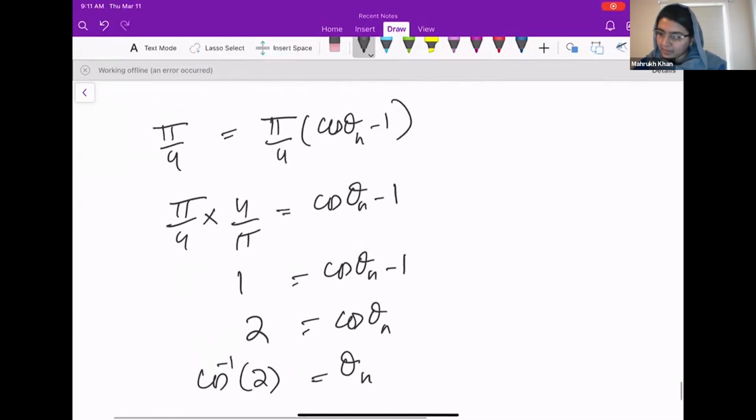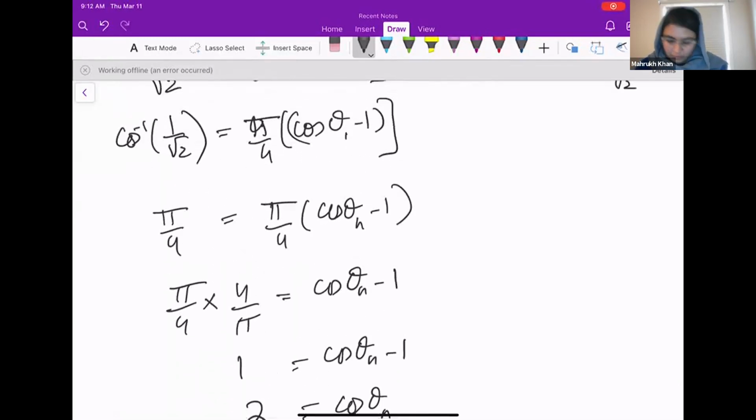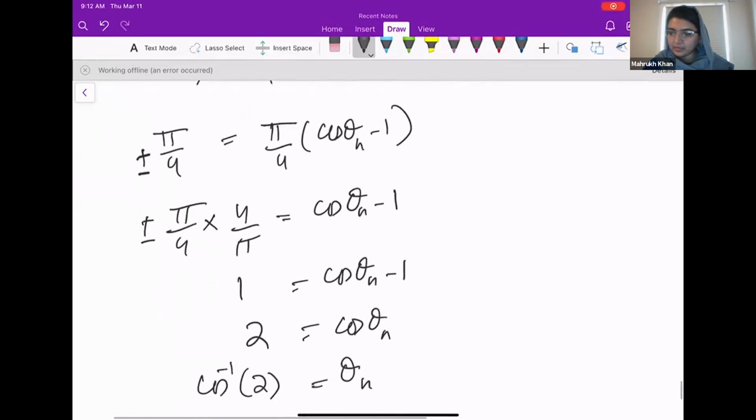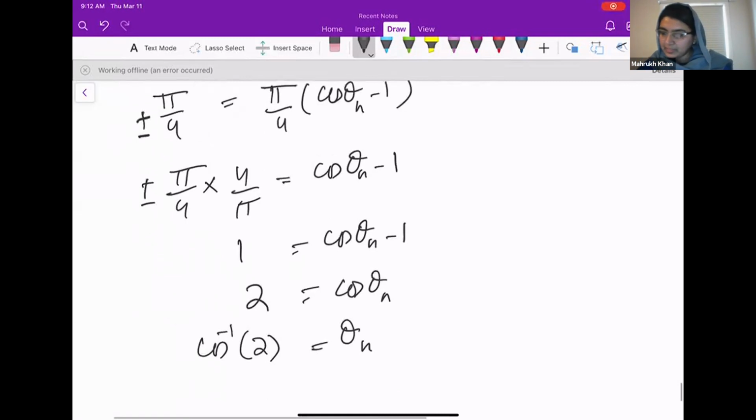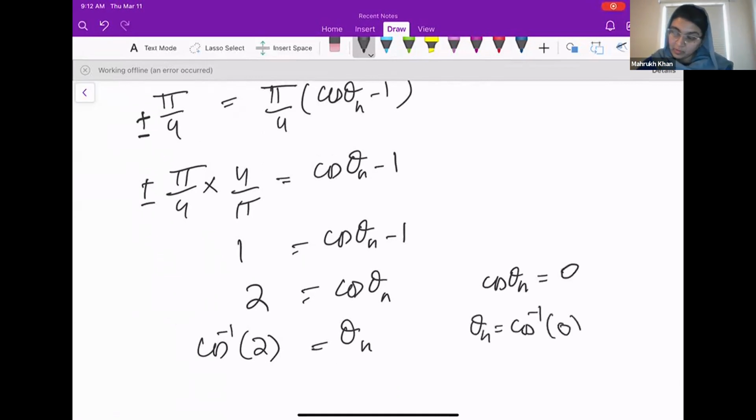Because when you are finding this inverse, there could be plus and minus here, so you can add or subtract. So it could be cos inverse 2, or it could be cos theta h is equal to 0. So theta h is equal to cos inverse 0 or cos inverse 2.